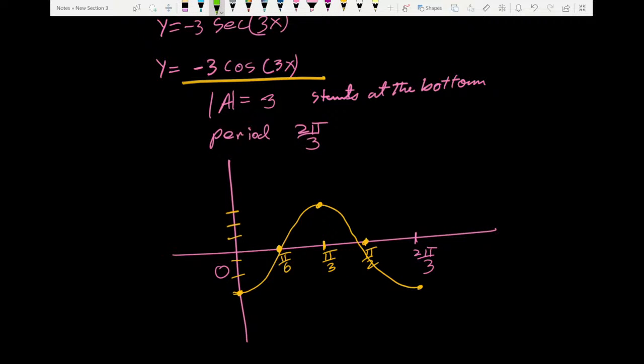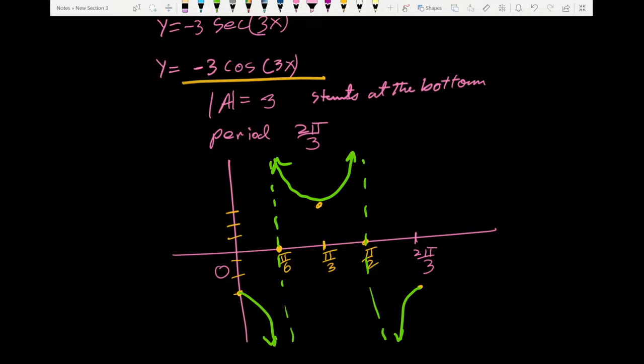Well, what do I know? For this secant and cosecant function, at the x-intercept, that's where you have the vertical asymptotes. Erase that.